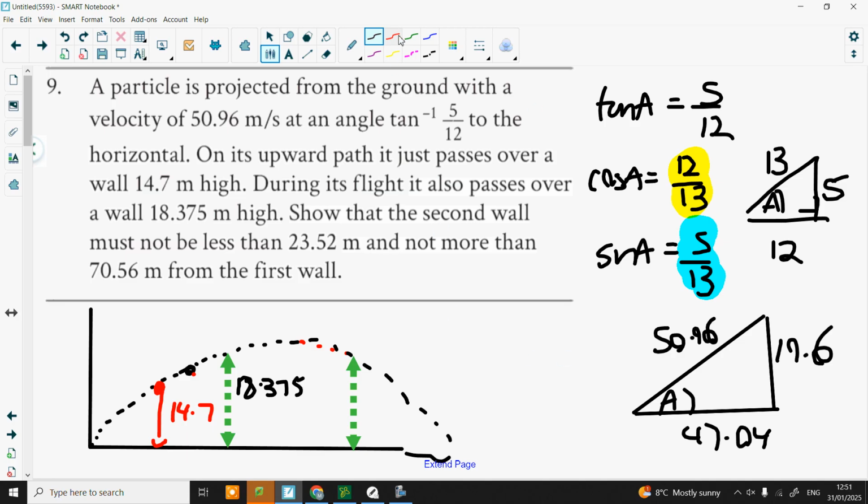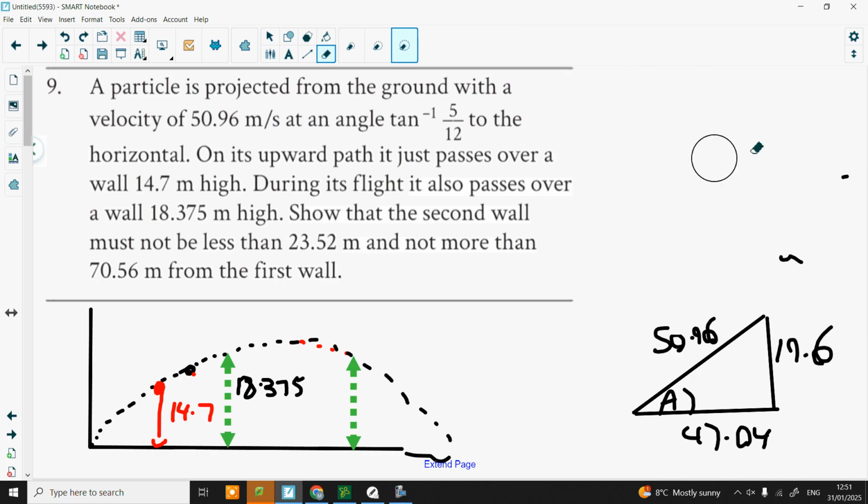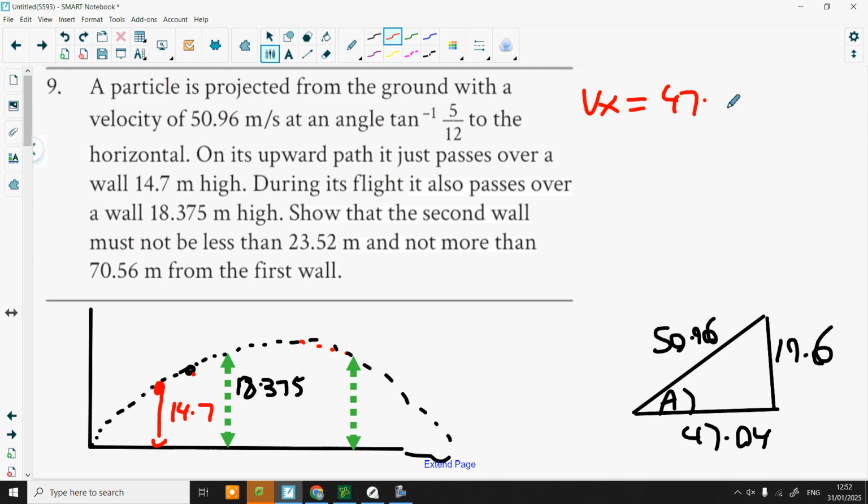So does everybody see the model I laid out? Okay, I'm going to rub out these ones because we've already used them. And okay, guys, what's v x? 47.04, your velocity in the x direction, yeah? What's v y? 19.6, it's u plus at, so it's your 19.6 minus your 9.8 t.